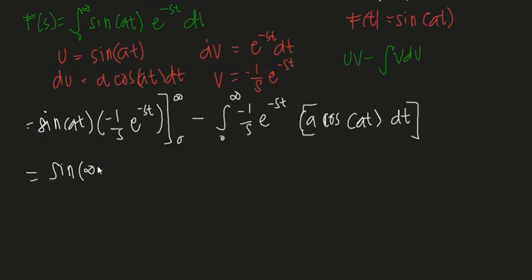So this is equal to your infinity multiplied by negative 1 over s negative s multiplied by infinity, so this is equal to infinity minus, so sine multiplied by 0 automatically equal to 0. So multiplied by negative 1 all over s e raised to negative s multiplied by 0 will be automatically equal to 0.